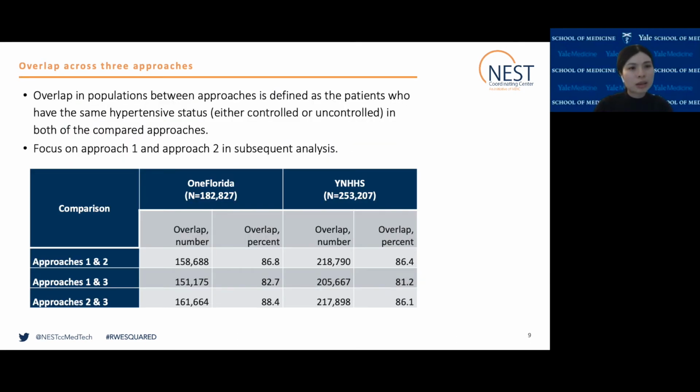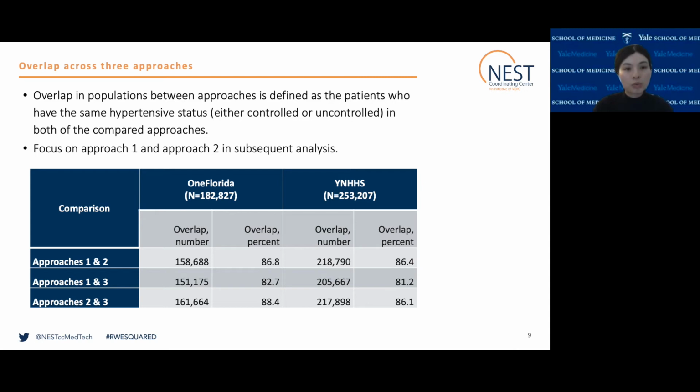Next slide, please. On this slide, we show the overlaps between all 3 different approaches. We look at overlaps in the population between approaches, defined as patients who have the same hypertension status, either controlled or uncontrolled, between 2 different approaches. As you see in this table, the majority of patients identified overlap between the 3 approaches.